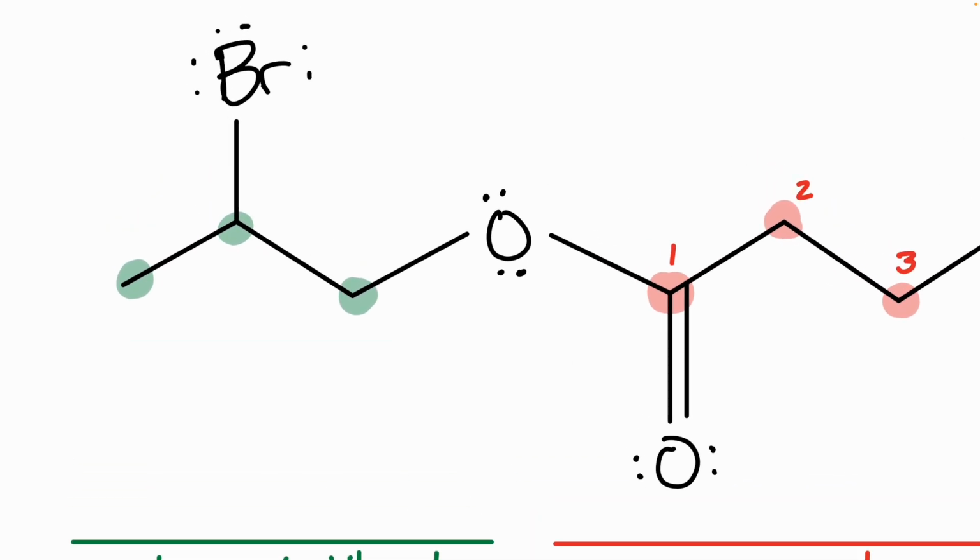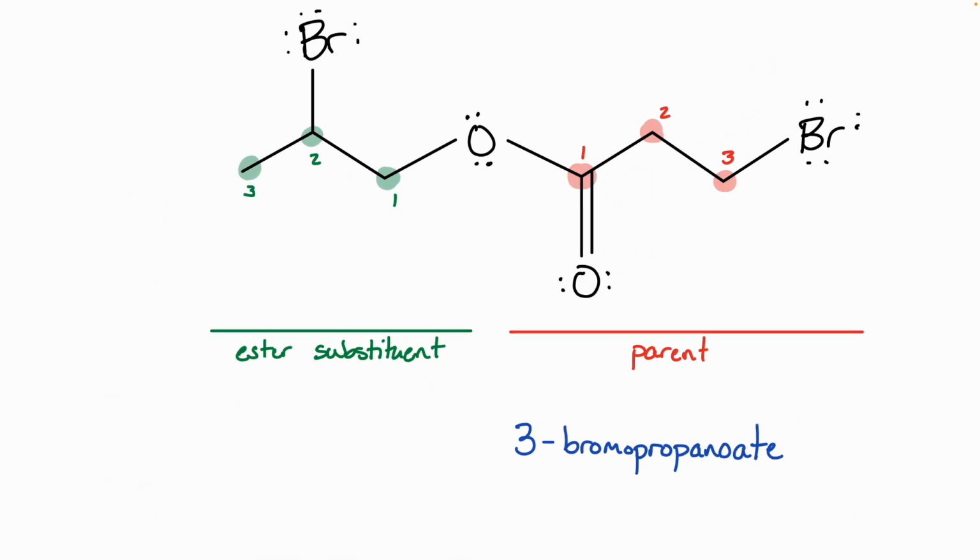We need to number our fragment here, our ester substituent. Again, carbon 1 is the one bonded to that oxygen atom. So I'm always going to start counting away from my parent chain here. So this would be 2-bromo-propyl, 3-bromo-propanoate.